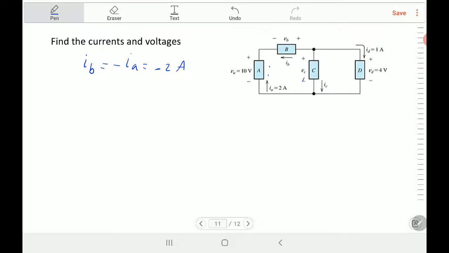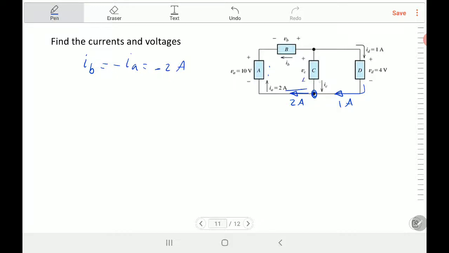Okay, what's IC? We'll do a very simple node, or Kirchhoff current law. This current IA is coming from here, right? So there is current here, which is IA, 2 ampere, and there is ID going in, which is 1 ampere. So you got a node here, and the total input equals the total output.